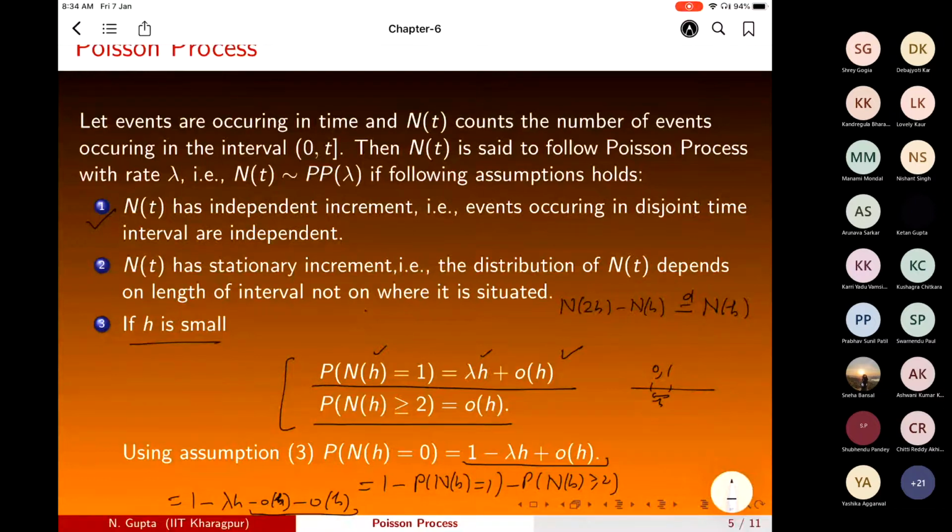So we are assuming that probability N(h) equals 1 depends on the length of the interval, that is lambda h plus some quantity of order small o(h). And we assume probability N(h) greater than or equal to 2 is of order small o(h). That means it is a very negligible quantity. We are assuming that.